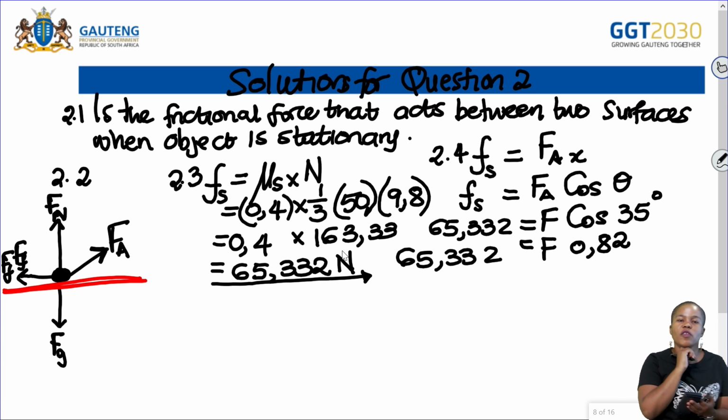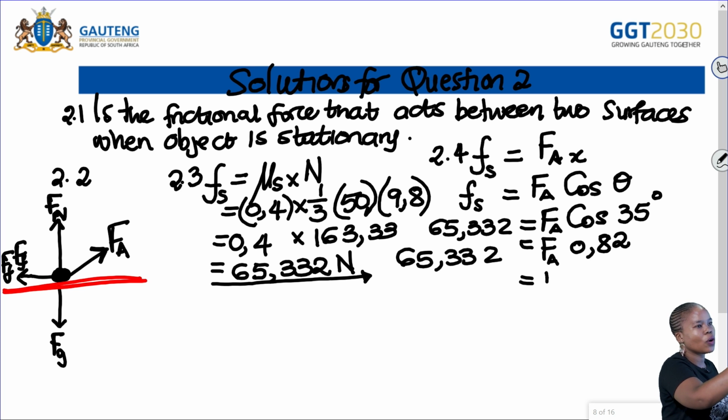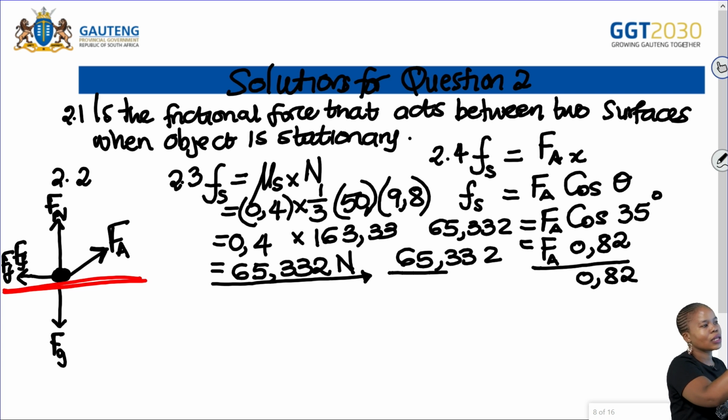You're looking for the Fa, your applied force. Therefore, we need to divide by 0,82 on both sides, so that the 0,82 can cancel. So you're going to have 0,82 on this side as well.